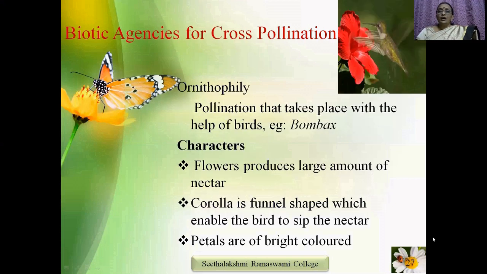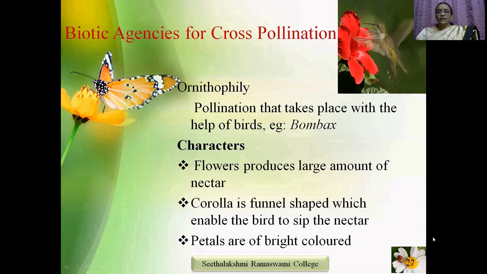Next type is ornithophily, pollination that takes place with the help of birds. Example, Bombax. The flowers pollinated by birds are strong and are adapted to allow the birds to stay near the flowers without their wings getting entangled in them. The flowers are tubular and curved, which facilitates nectar sucking by birds.